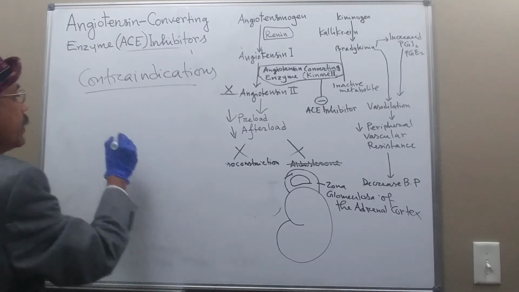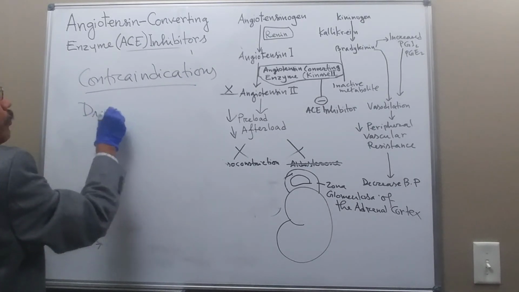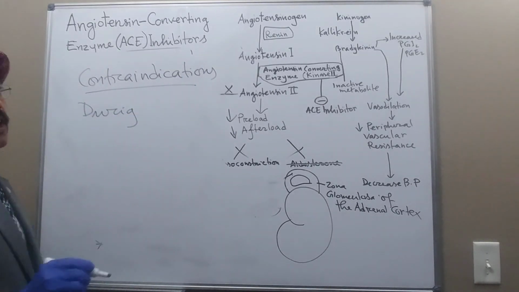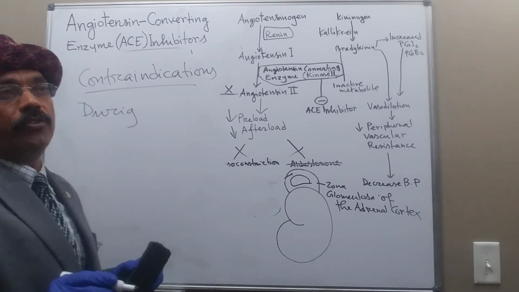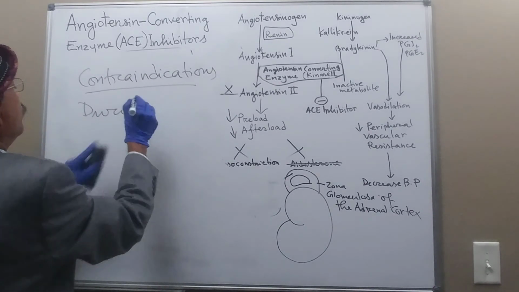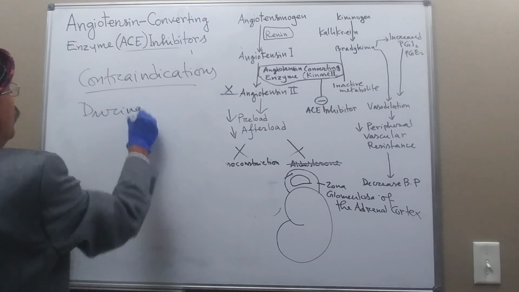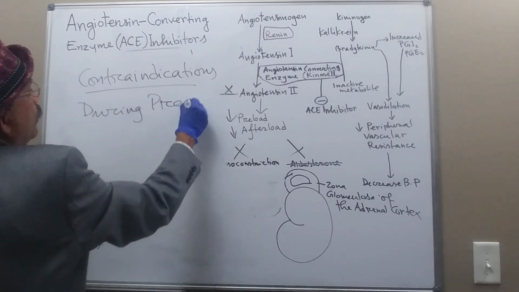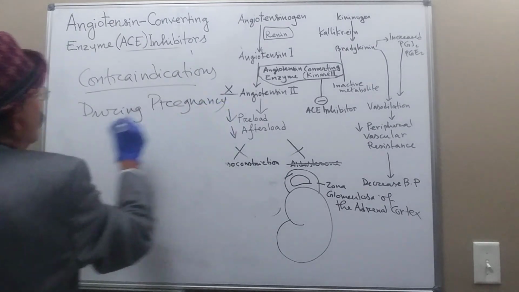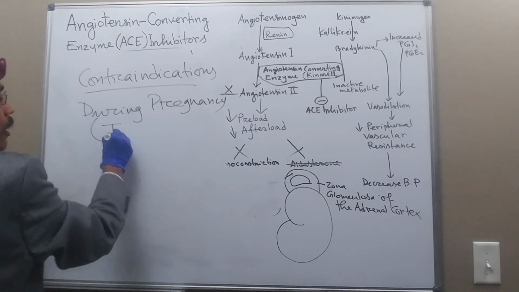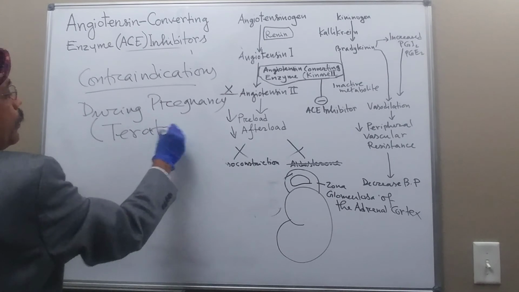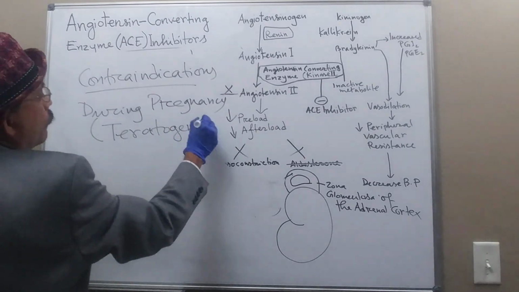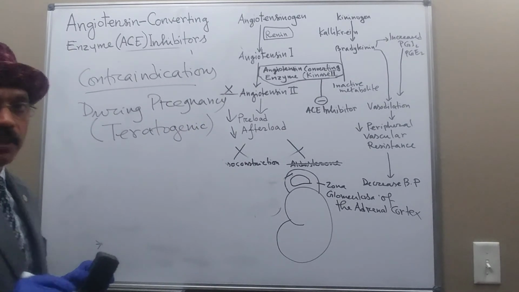It is contraindicated during pregnancy, both the ACE inhibitor and the angiotensin 2 receptor antagonist, because it is teratogenic. It will cause congenital birth defects.